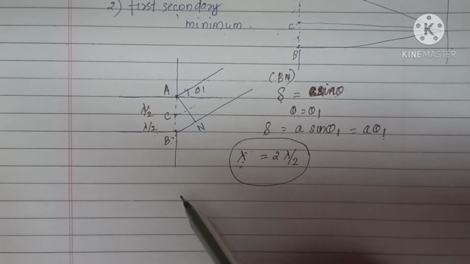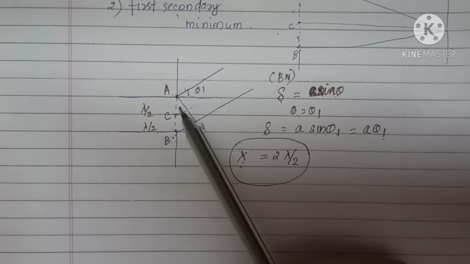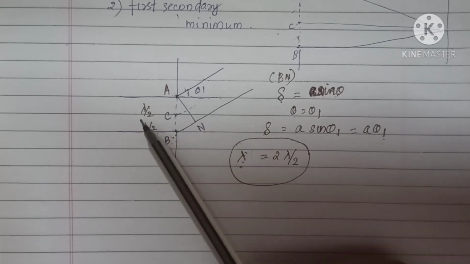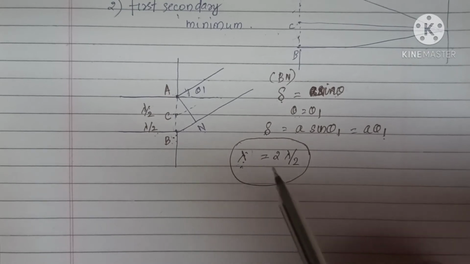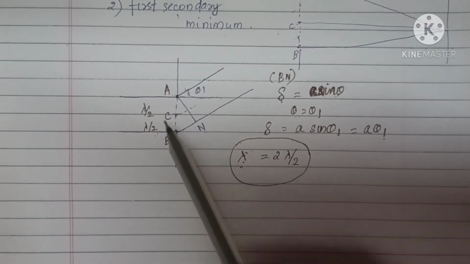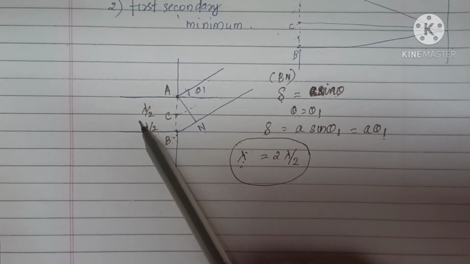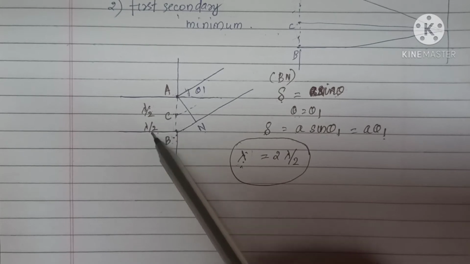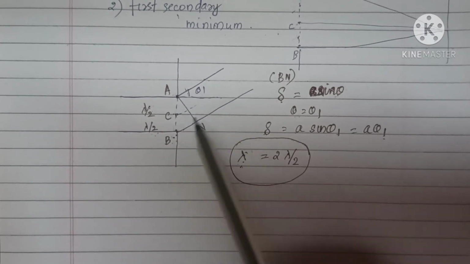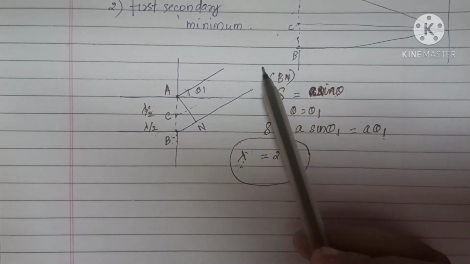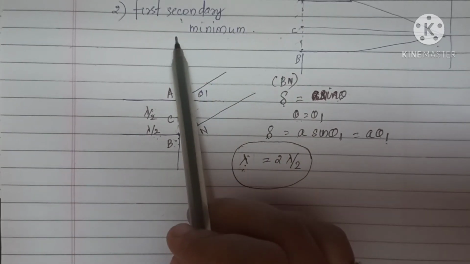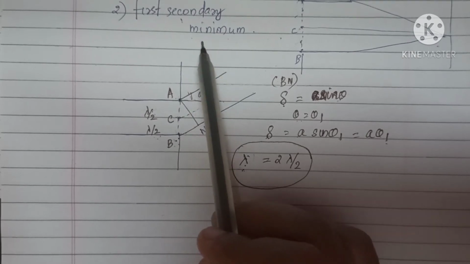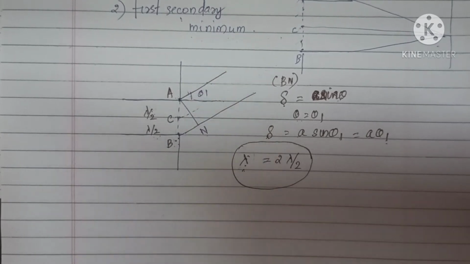We are getting the first minimum because we studied that in the case of destructive interference the path difference should be lambda by 2, or multiples of lambda by 2, and here we are getting lambda by 2 each. So if they are interfering, it will be destructive interference, so we are getting the minimum, which we call the first secondary minimum.